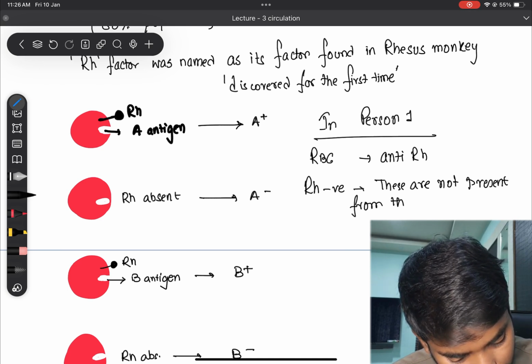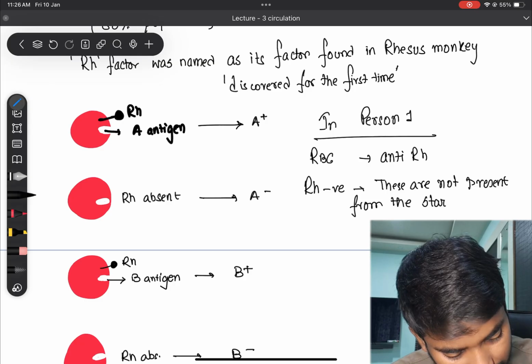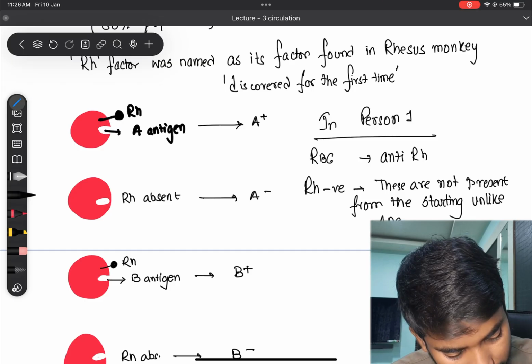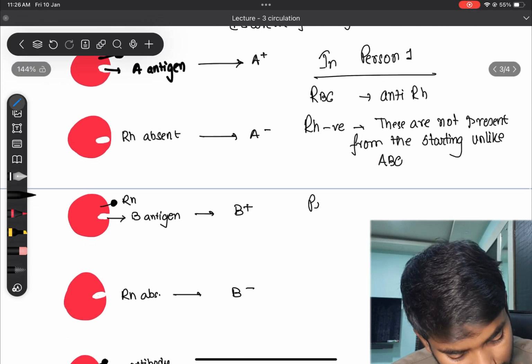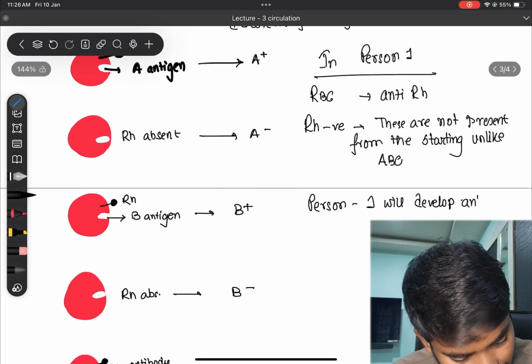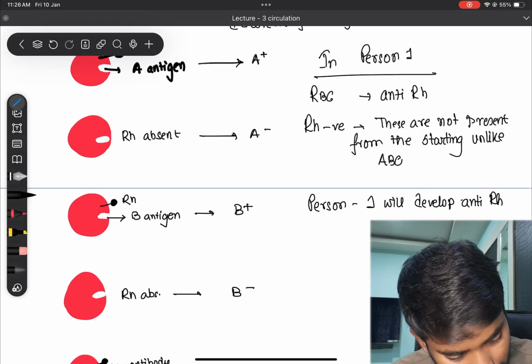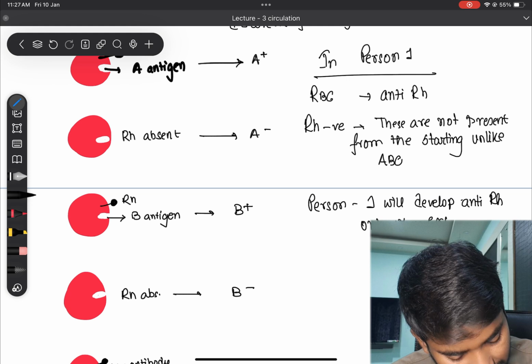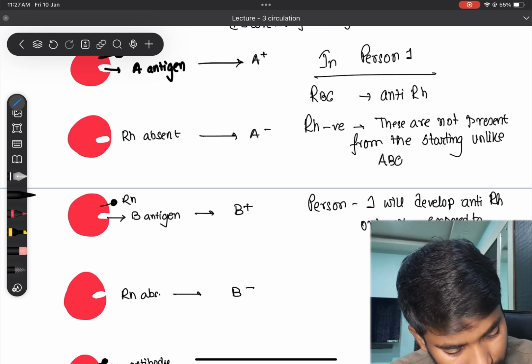Unlike ABO, the Rh negative person will develop anti-Rh only when exposed to Rh antigen.